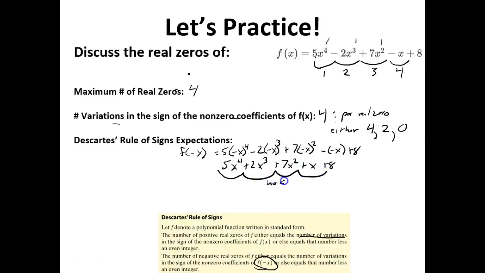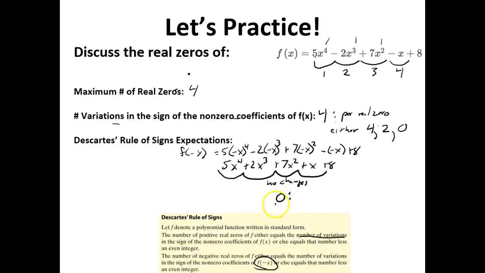There are no changes, so the number of changes is 0, which means from Descartes' rule of signs, the number of negative real zeros is either equal to the variations, there were no variations, or less an even integer.